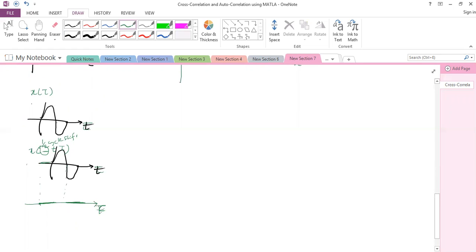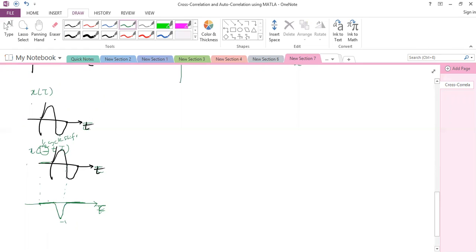Therefore, here minus values into positive values will give a negative value. So just to plug in, we'll take the extremities. It is minus 1 into plus 1 is minus 1. So this is minus 1, and in between it will be some signal like this, whatever is the curve. Okay.